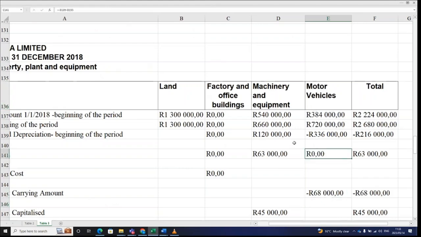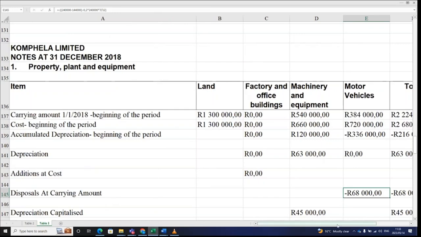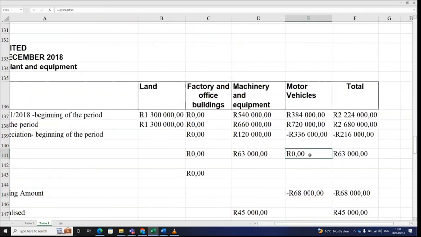So then, since we know that the cost of the asset that was taken out was 240,000, to work out the depreciation of the motor vehicles would be the remaining assets plus this asset here that was disposed of, just for that portion, just for that period.